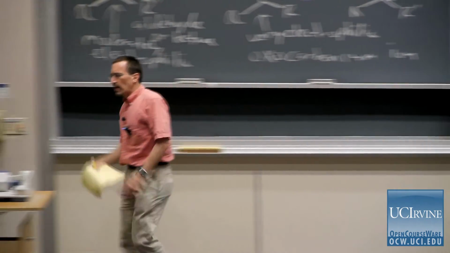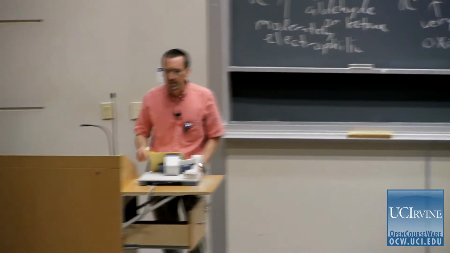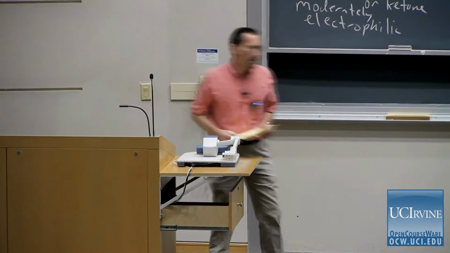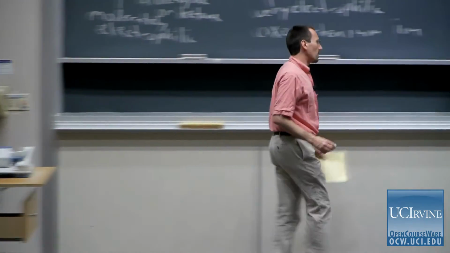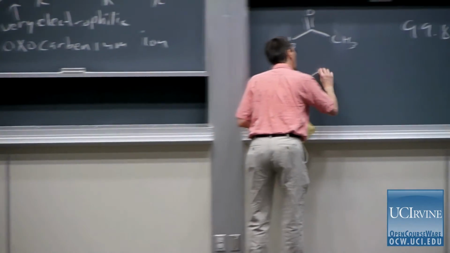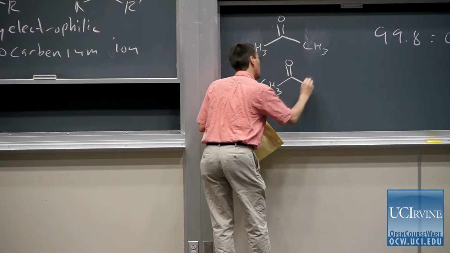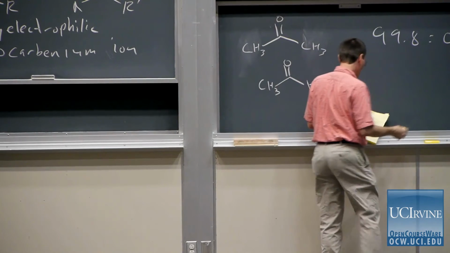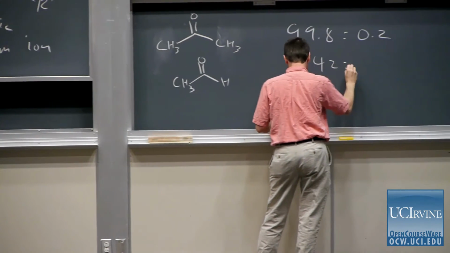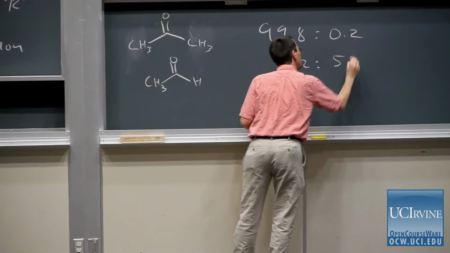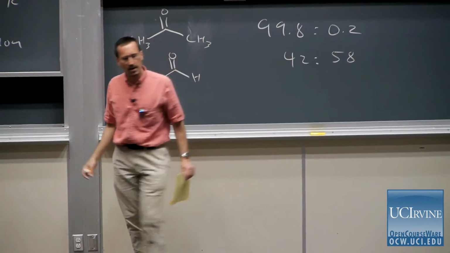For acetaldehyde, and indeed for aldehydes in general, that equilibrium lies more in the middle. And so for acetaldehyde, the equilibrium lies at 42 to 58. In other words, almost 1 to 1.